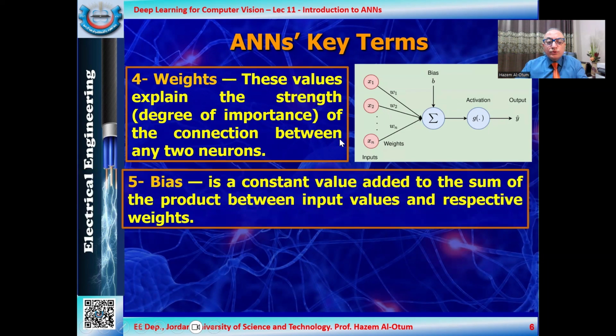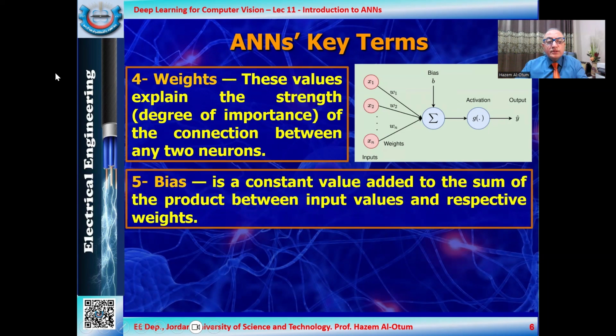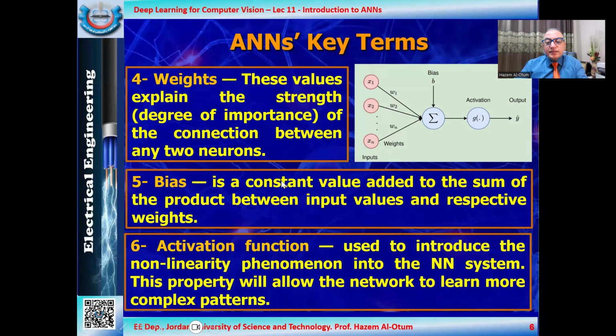Next, we also have the bias, as I just said. The bias here is used as a constant value that is added to the sum in order to get some balancing of the output of this operation. This can be produced, as you see here, after applying the summation with the bias. You can apply the next step, which we call the activation. So what is the activation? It's a function that performs a nonlinear operation.